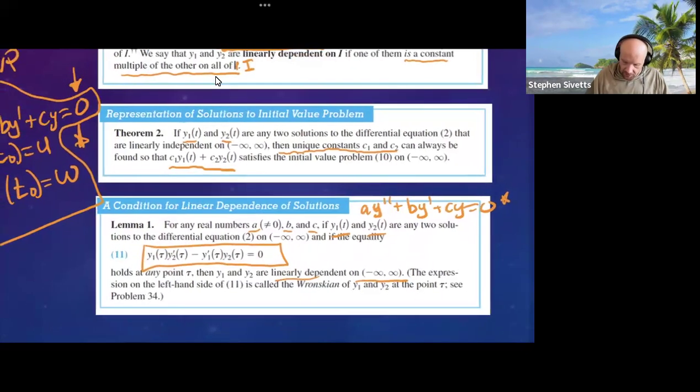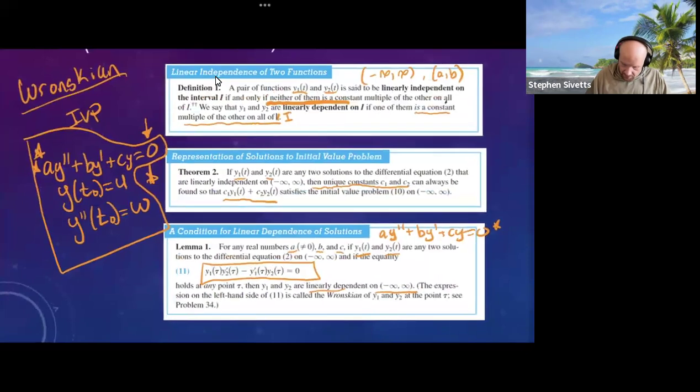Then it's what's called linearly dependent. And this quantity right here is what's called the Wronskian.